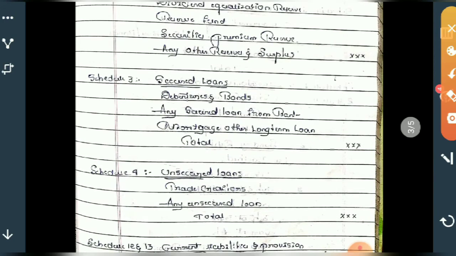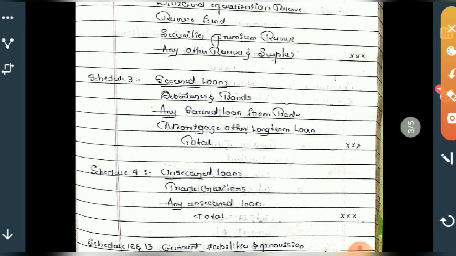Then Schedule 3 will be there. Schedule 3 concerns secured loans. Secured loans means loans which are secured by different securities, like land mortgage, deed of trust, or any type of pledged or mortgaged loans, where you have submitted securities like jewelry and land to your lender for getting the loan.